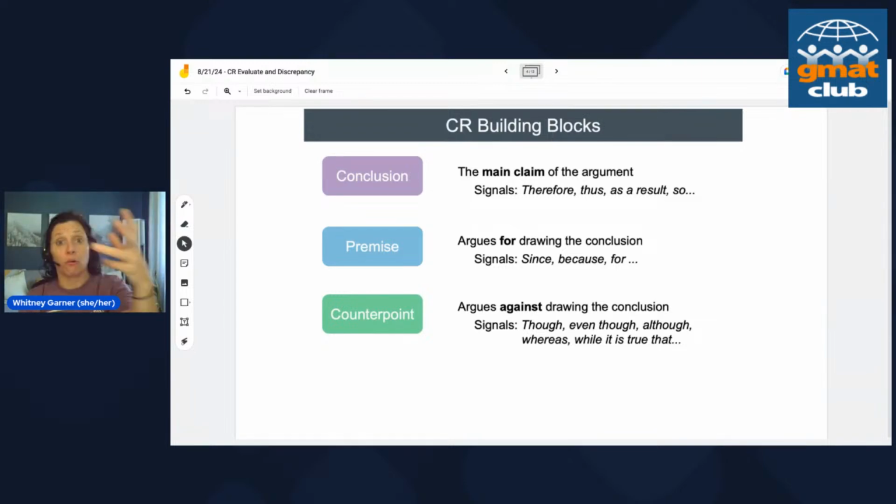We might be going from a counterpoint to a premise. So note that when I'm trying to acknowledge something negative as the author, I'm not using but or however. If I'm trying to acknowledge something negative, I'm going to use concession, counterpoint language. I use words like but or however simply to move me from one thing to the other.